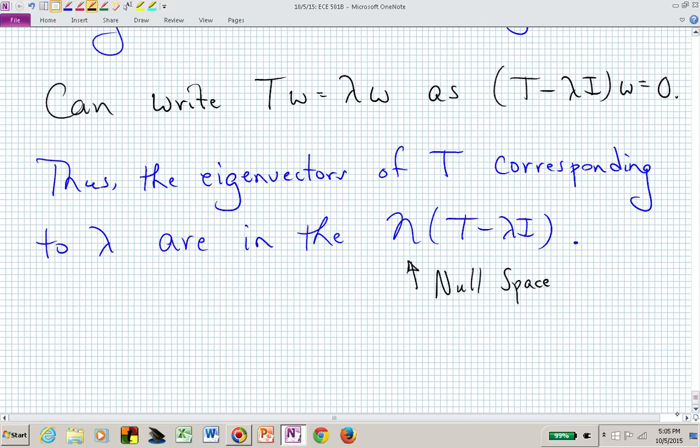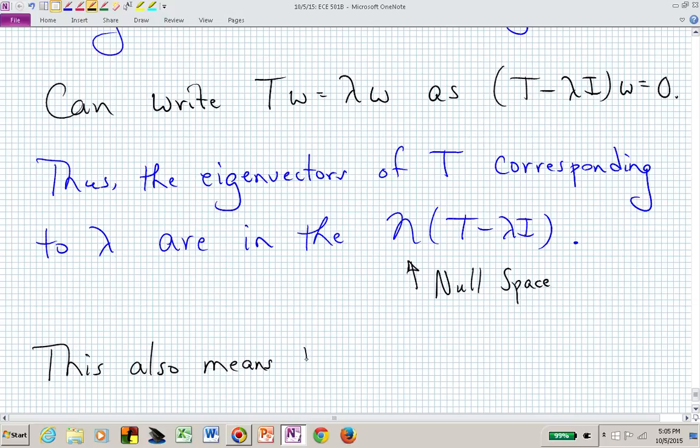But what do we know about vectors that are in the null space? If we have vectors in the null space, and I add those vectors together, any linear combination, what happens? They stay in that same subspace, don't they? So those form a subspace.